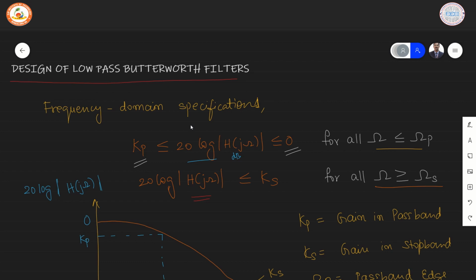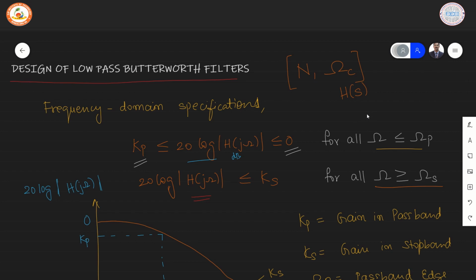One is the order of the filter, indicated by capital N. And the second important parameter is omega c, which is the cutoff frequency. So if we are able to find the order and cutoff frequency, then we can proceed to the transfer function called H of s.